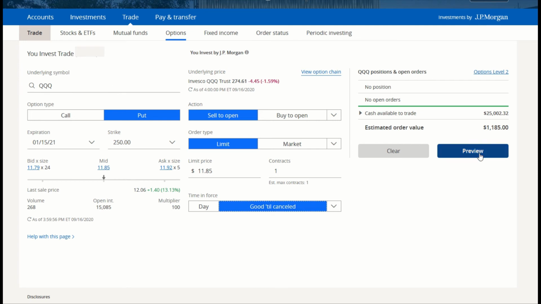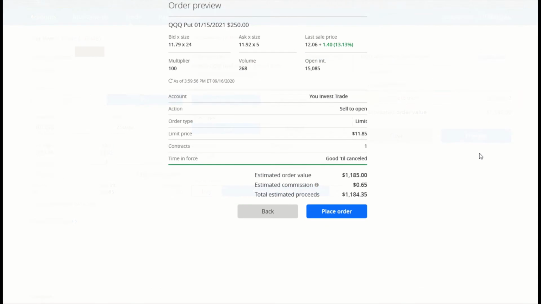And here's the preview button. Let's see what it looks like. Okay, so QQQ put for January 15th. And since we chose the mid price between the bid and the ask, it should go through. The market is closed at the moment, but if we do place this order, this would go in and get executed hopefully tomorrow.